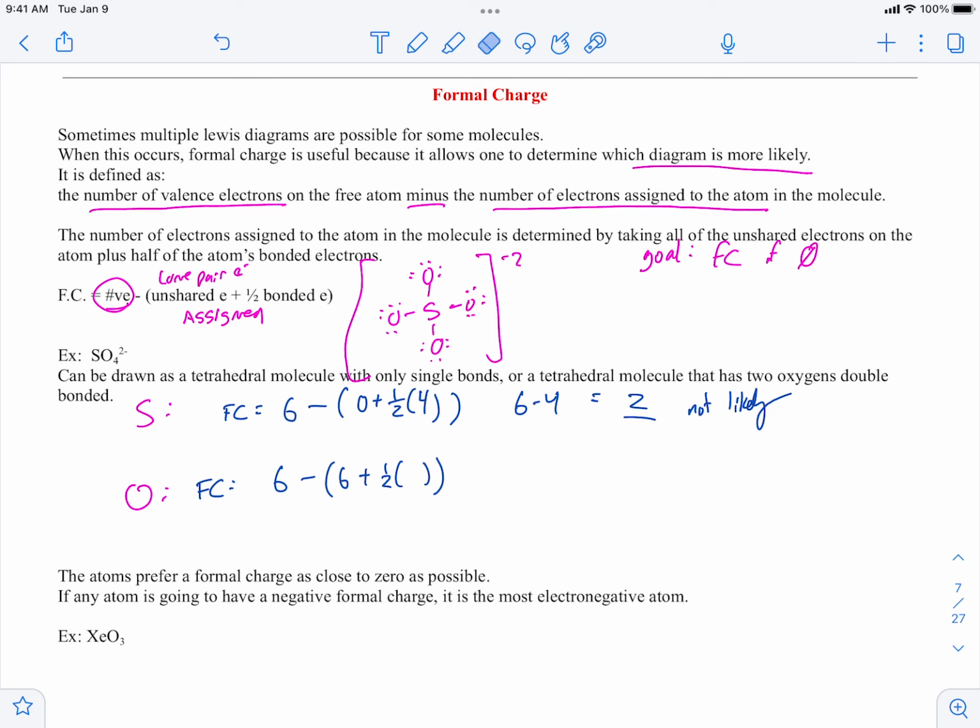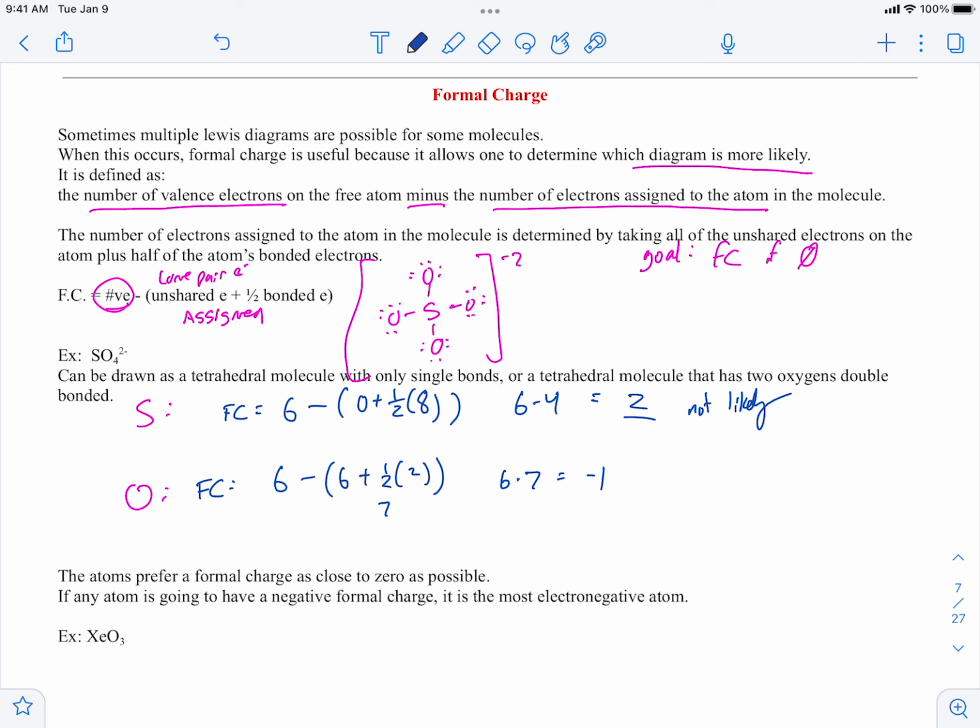Sorry, yeah, there were 8 here. My bad. So how many bonded electrons are on the oxygen? 2, so half of 2. Our assigned electrons are going to be 7. So this is 6 minus 7, which is a minus 1.